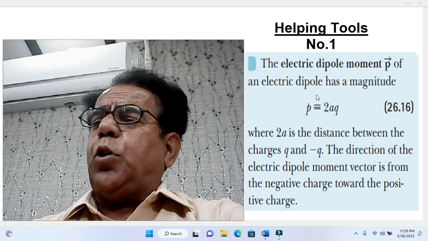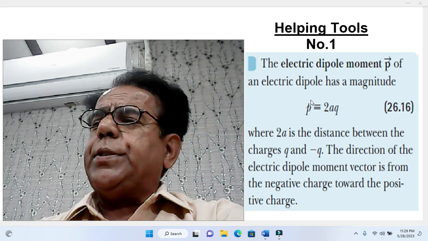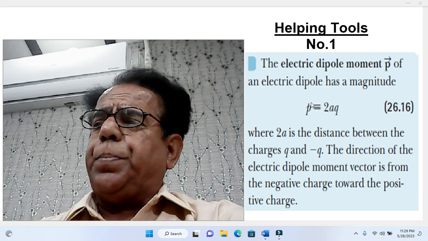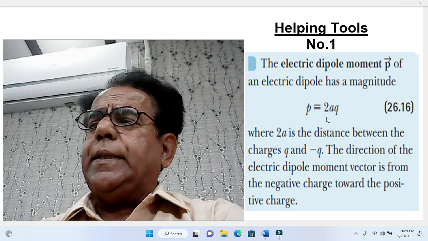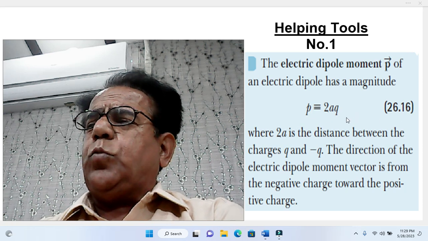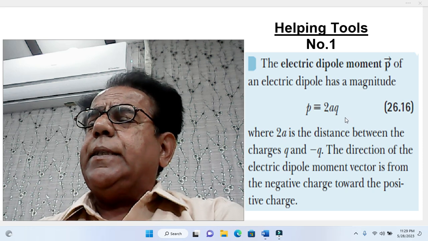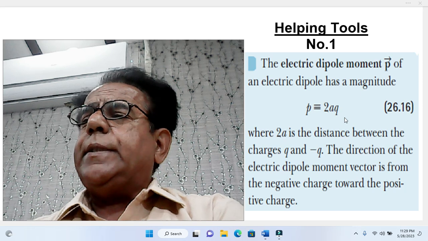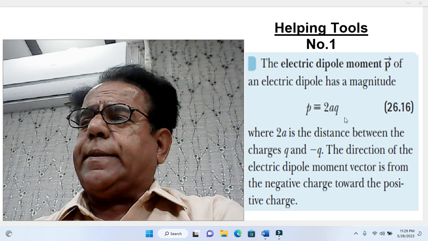This snapshot has been taken from a book whose chapter number 26 deals with this topic, and this expression is equation 26.16, that is the 16th equation of the 26th chapter.